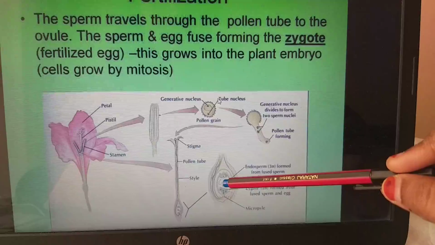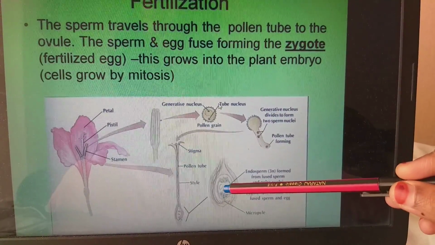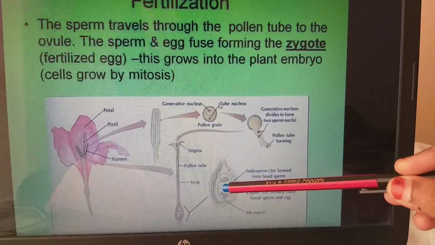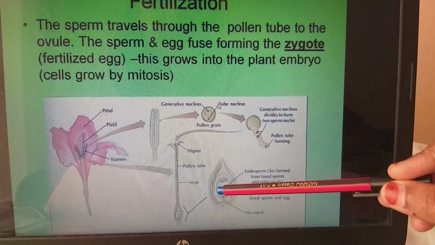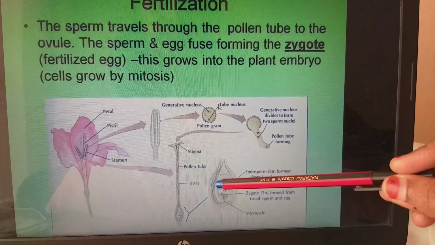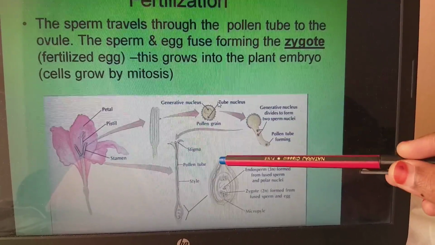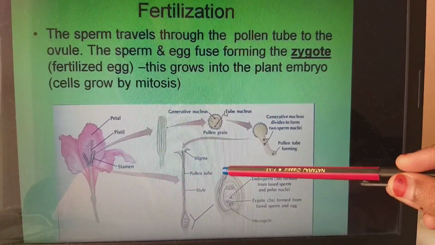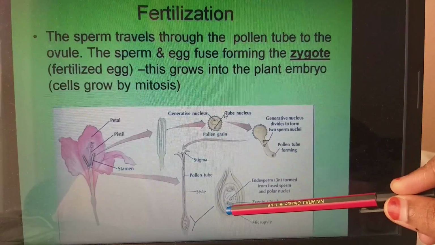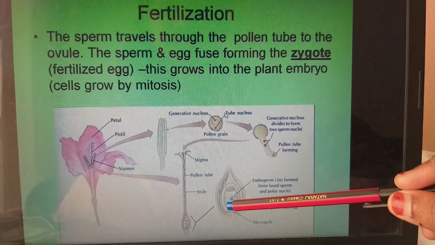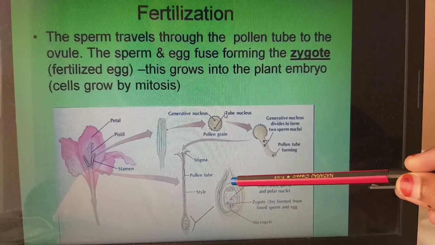Above that we have a central cell with 2 nuclei, which is called the endospermic cell, with the endospermic nuclei, and at the top we have the antipodal cells. So these are the cells present inside the embryonic sac. Now the pollen tube will extend towards this, and of the two generative nuclei, one will fuse with the egg cell and the other will fuse with the endospermic nuclei.